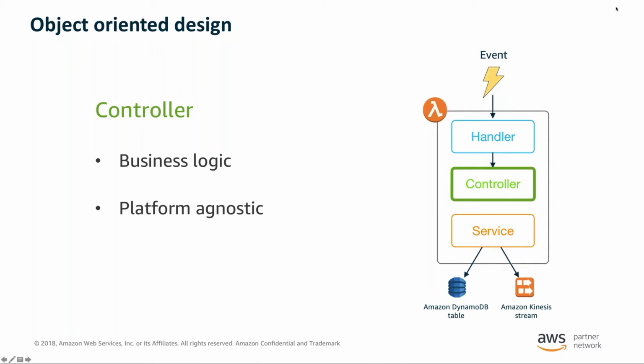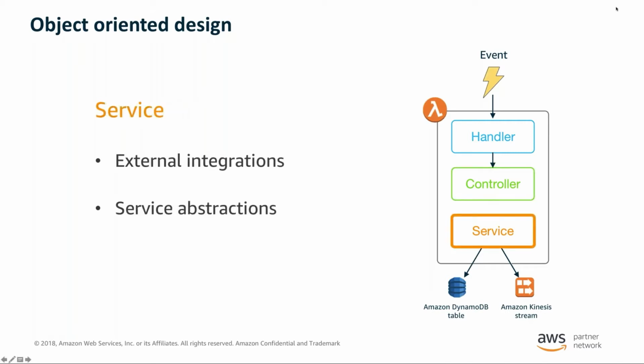It's simply receiving requests and providing back responses using these business objects that are completely decoupled from the actual platform that it's being hosted on. And then the last piece would be a services layer that would be responsible for any external integrations, abstracting away any of the implementation details of how you communicate with those external services, whether those be hosted cloud services or other APIs that you've written yourself.